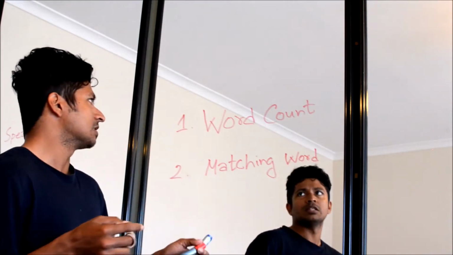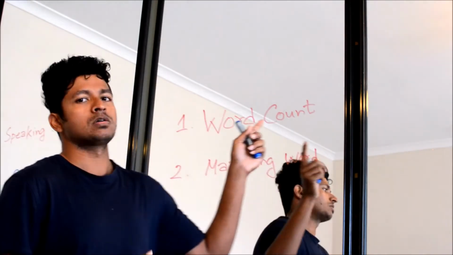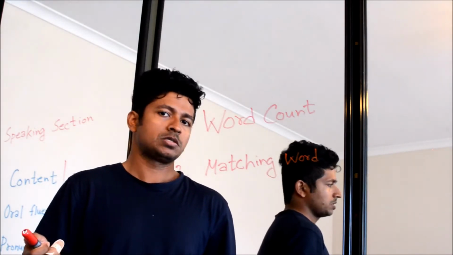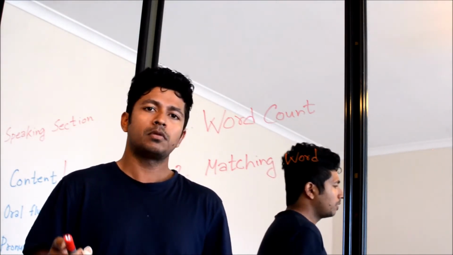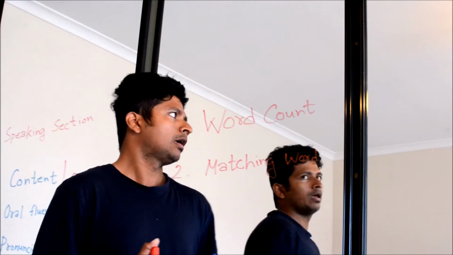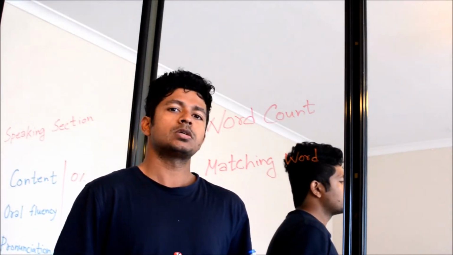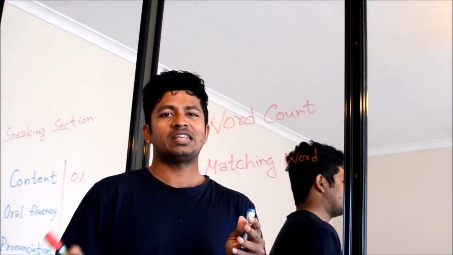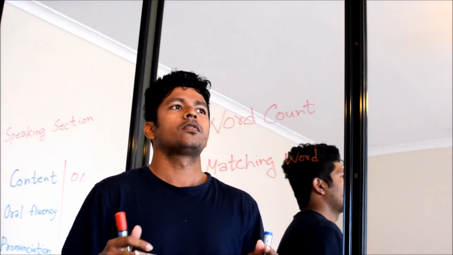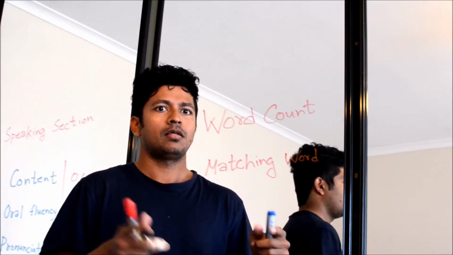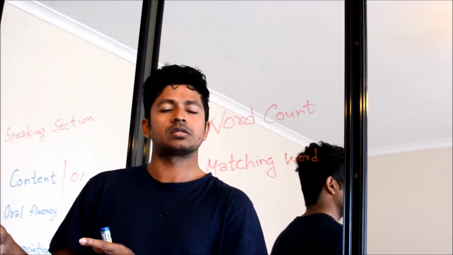So they count your words, and if you have say 200 words for example, then you must be very fluent. And for the pronunciation, they use a speech to text kind of software. So if they are getting something from your speech, that counts as good pronunciation.